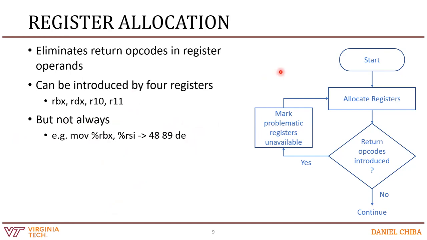So what we do is in the register allocation phase of compilation, let's say for a particular block of code, we go ahead and allocate the registers, and then we check whether any return opcodes have been introduced by these instructions. Compilers have a table of available registers. So if we find that return opcodes have indeed been introduced, we just mark all of these 4 registers as unavailable and perform the allocation again.